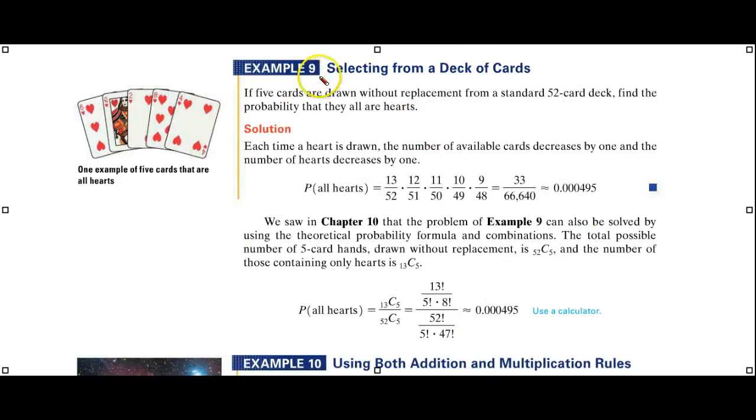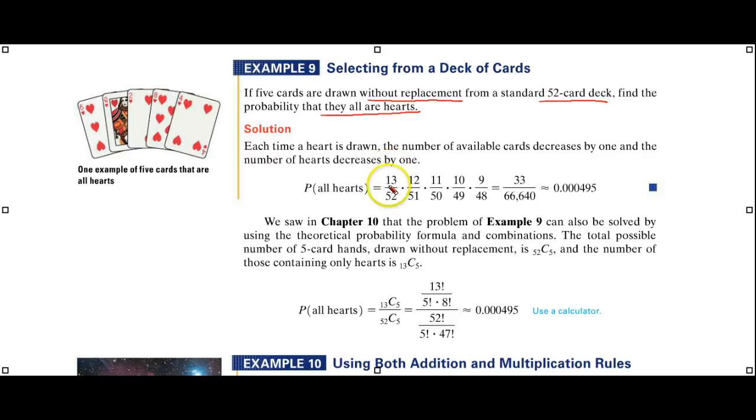In example 9, selecting from a deck of cards. If 5 cards are drawn without replacement, this is similar to what we did earlier in selecting the balls, from a standard 52 card deck, find the probability that they are all hearts.